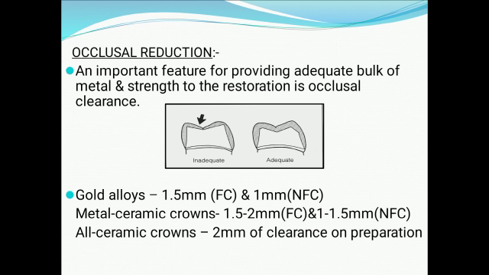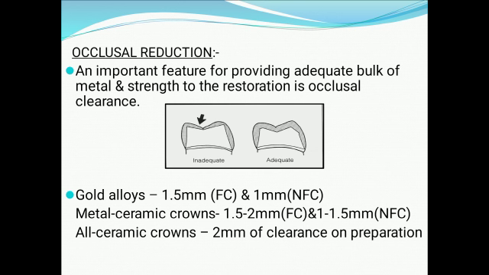Coming to the occlusal reduction, occlusal strength is the most vital, as most of the force affecting the restoration acts directly on the occlusal surface. Inadequate clearance may lead to a weaker restoration. An important feature for providing adequate bulk of metal and strength to the restoration is occlusal clearance.